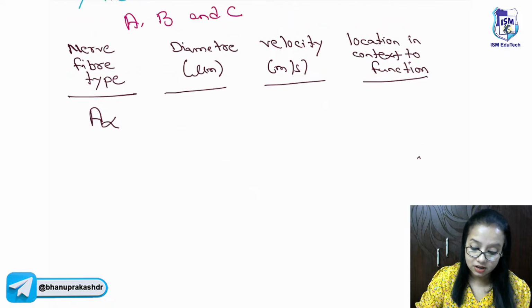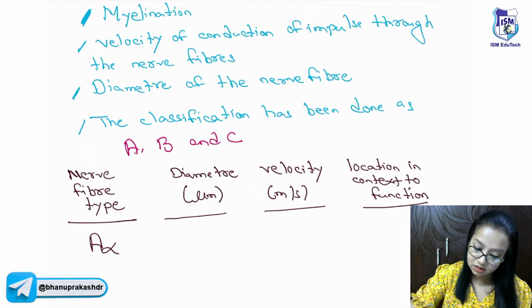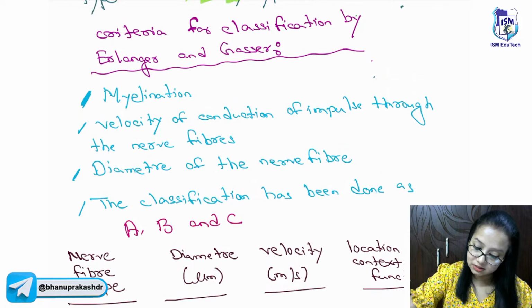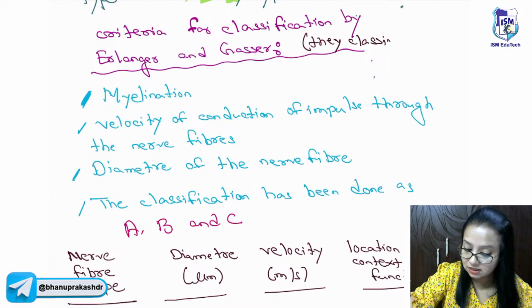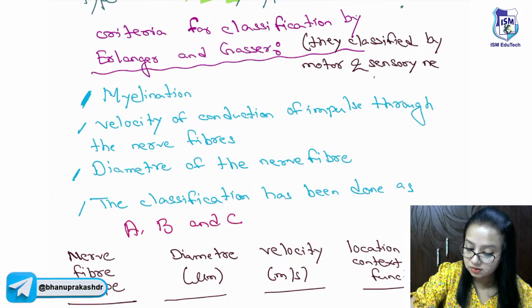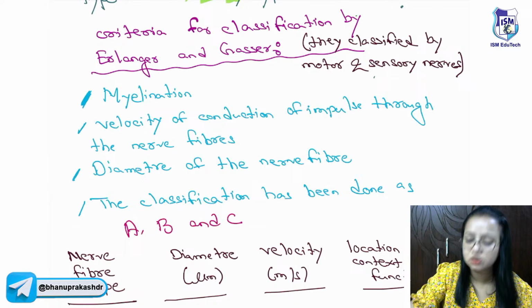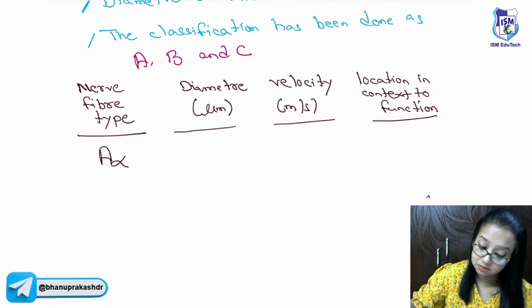And remember, Erlanger and Gasser classified both motor and sensory nerves. Nerves, nerve fiber, neuron, they mean all the same here.